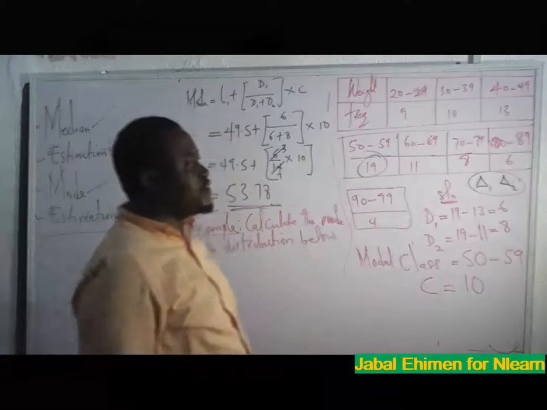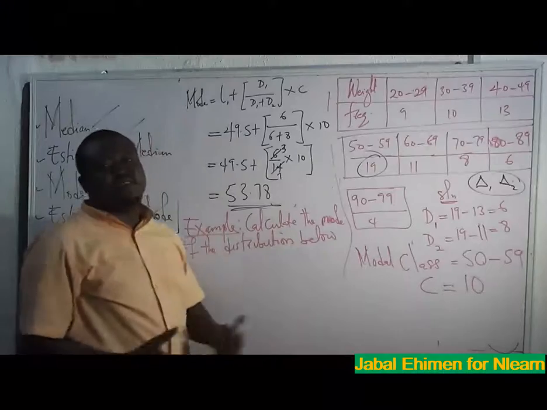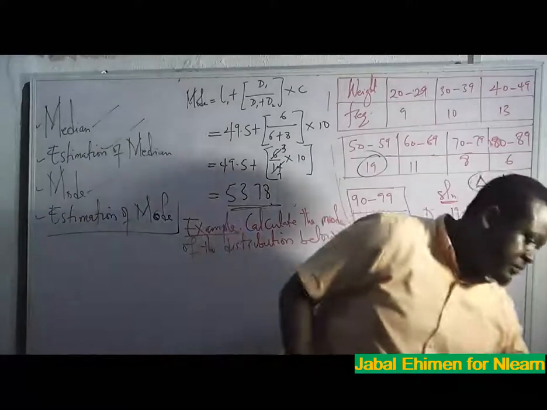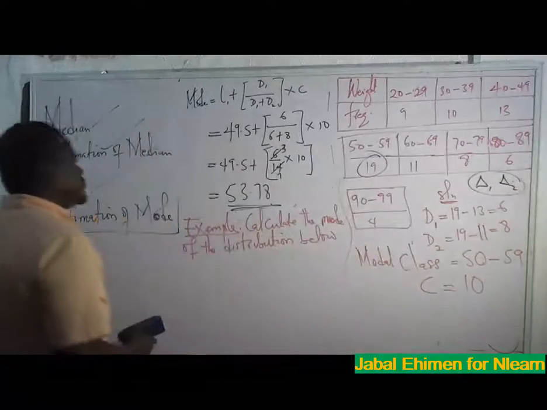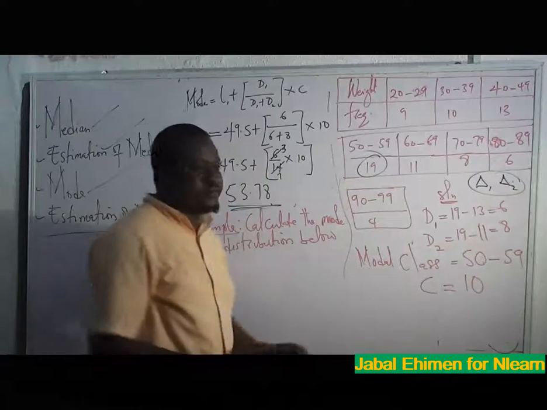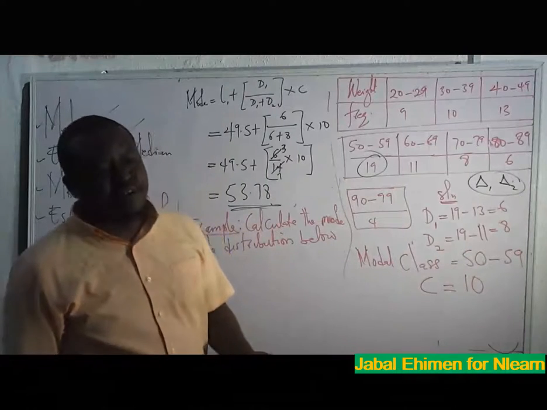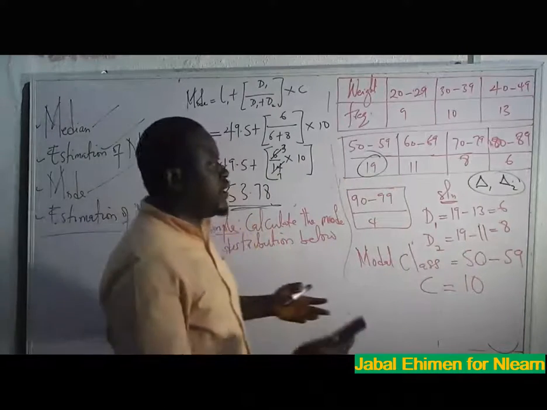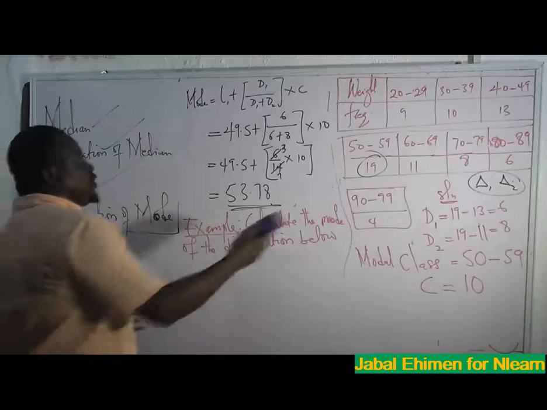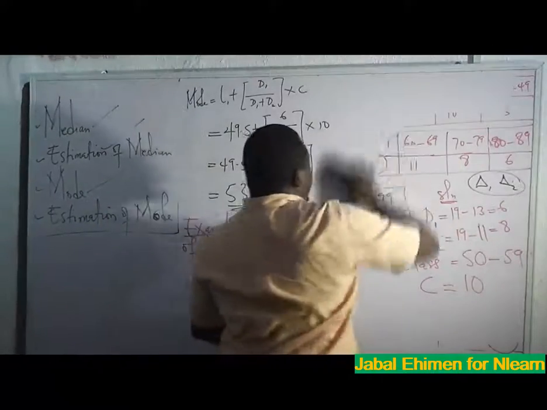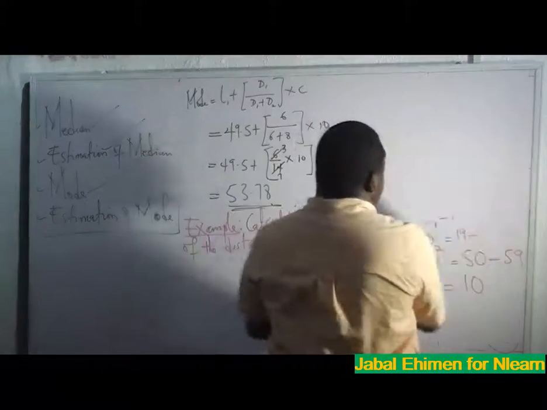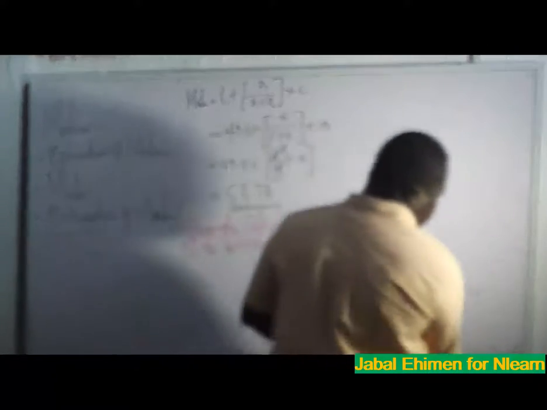So now we've talked about that, and it makes it easy. In something of that nature, you can also do other things, like the mode being calculated on a graph paper.